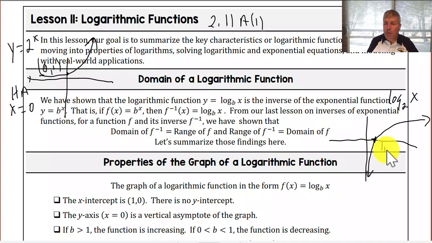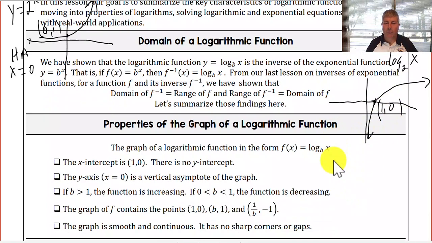And that goes through 1, 0. And then our domain and our range, they flip. Our domain now becomes all real numbers greater than 0. And our range becomes all real numbers.